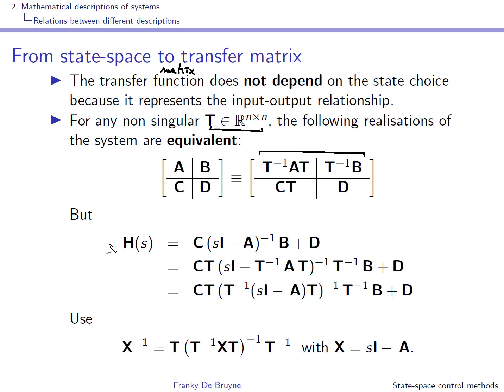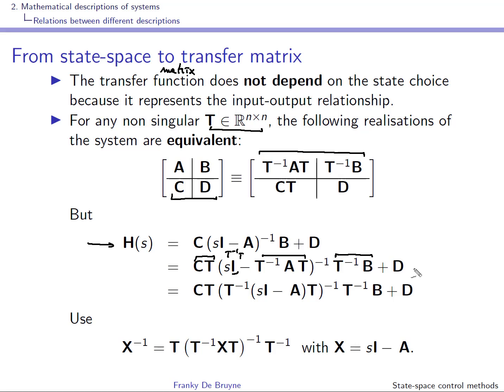We have just seen that the transfer matrix can be written like this. Okay, this is using this realization, and you should obtain the same result if you replace C by CT, A by T^-1 A T, and B by T^-1 B, right? Well, what you can do here, the identity matrix, you can write it as T^-1 T, right?